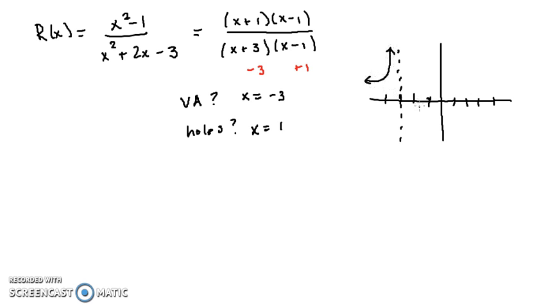We've got an L-shaped piece right there, and an L-shaped piece right there, and I've got to go back and add in the hole right here. Okay, so we've got a vertical asymptote right there, and we've got a hole right there.